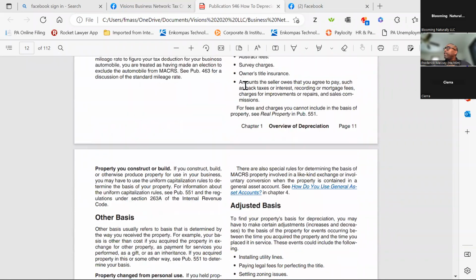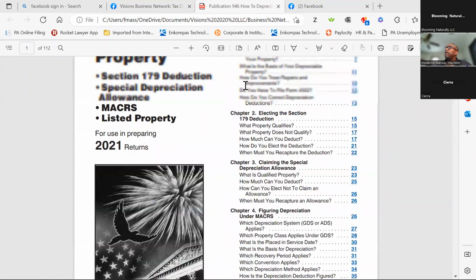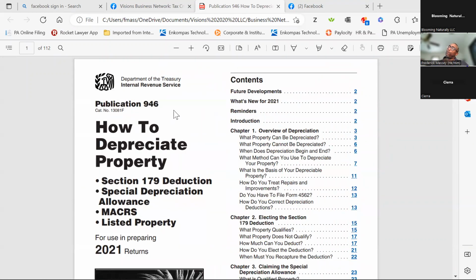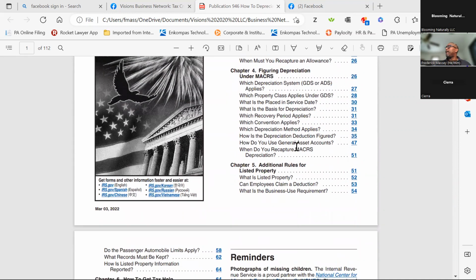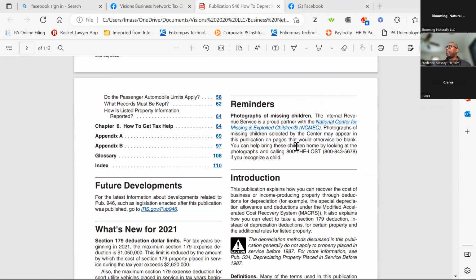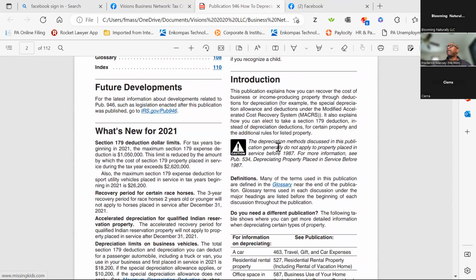Once again, if you have any questions on that, I refer you to Publication 946 on the IRS website, irs.gov. You can pull up this publication and read through it. It gives you some ideas of more specific things, how you can claim and substantiate the depreciation.